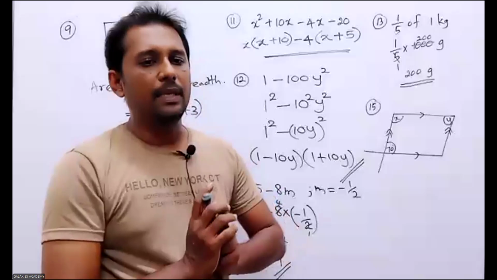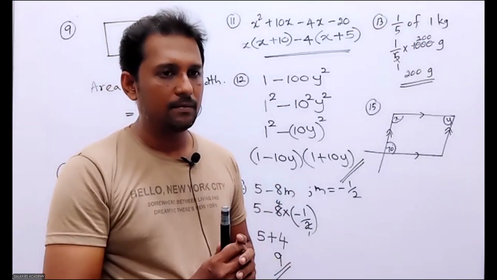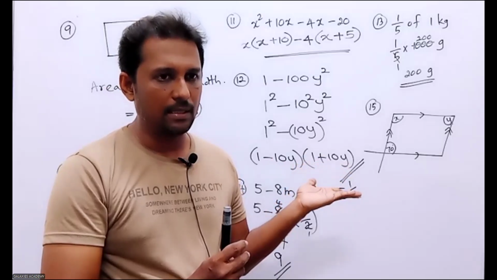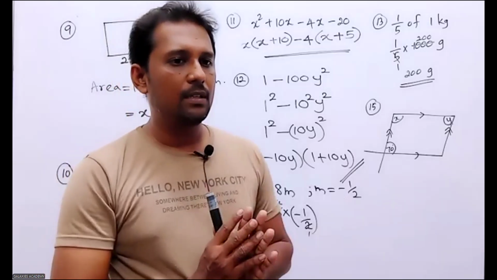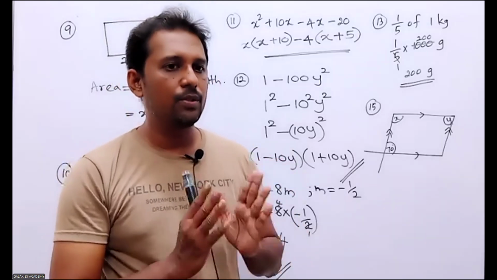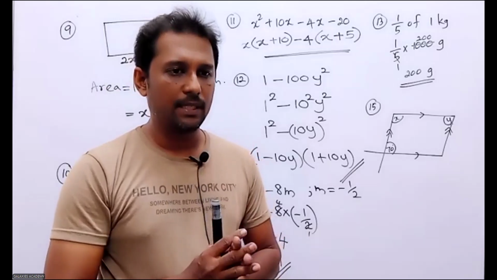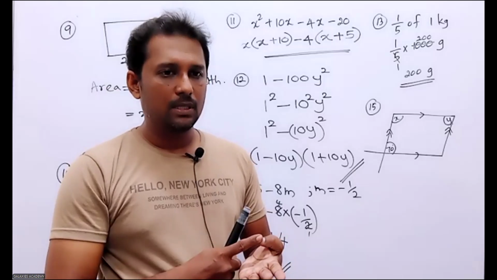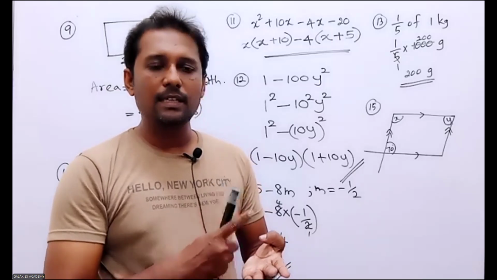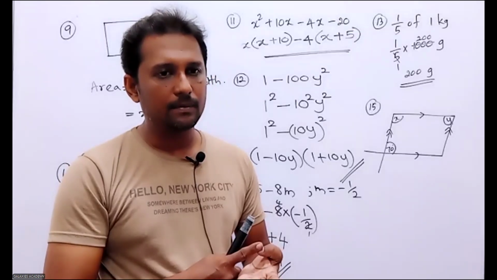Right, can you see the parallel lines of this diagram? Parallel lines you can see. Then if the diagram is given with parallel lines, you can apply some angles knowledge for this question. What are the angles? Z shape, alternate angles. Alternate angles are equal.